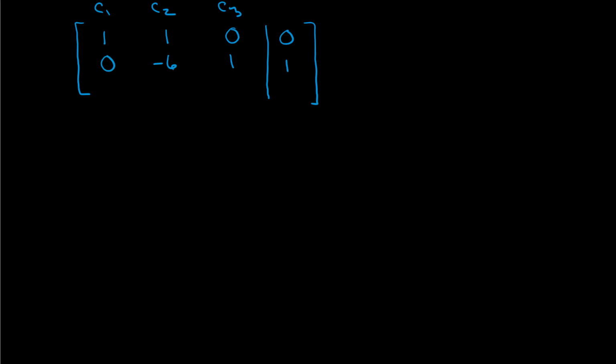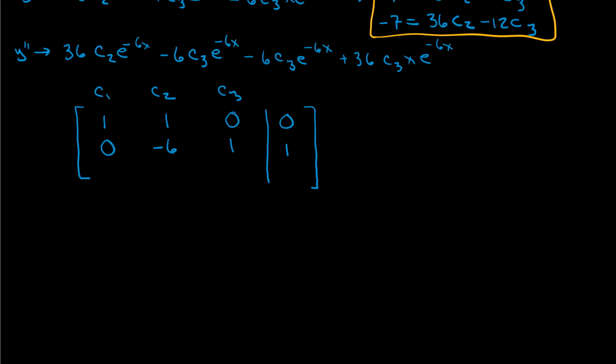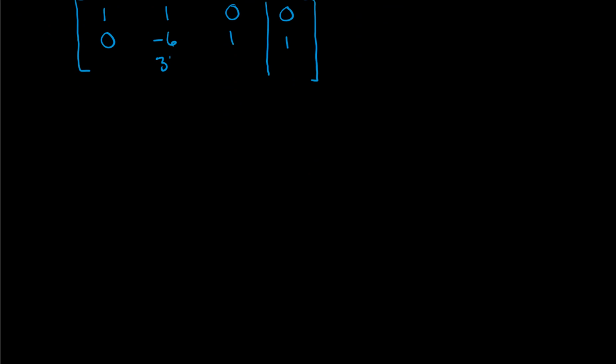But notice there were no C1s. In the third equation, we have a 36 C2 minus 12 C3, and the right-hand side here is a negative 7. And once again, there were no C1s.